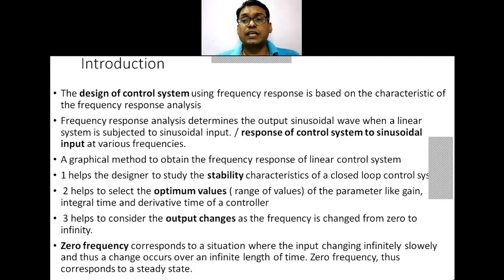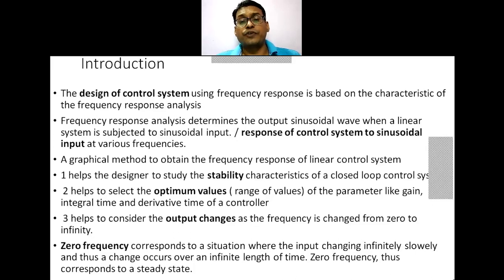So what is the effect of the frequency change is also studied in this frequency response technique. This is the additional thing, that the output changes as the frequency is changed from 0 to infinity. You will get to study this in this frequency response technique.